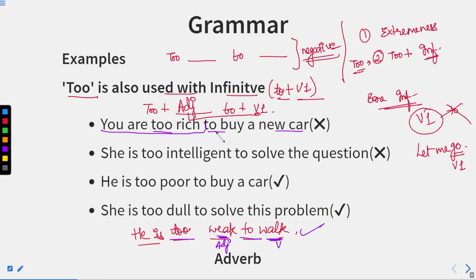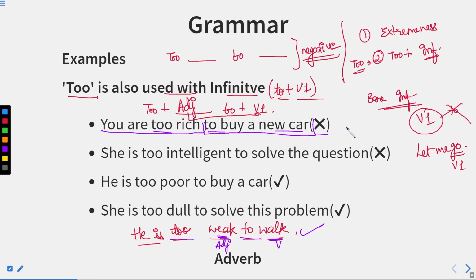And another sentence says, to buy a new car. Now, do you know what is the meaning of the sentence? It means you are so rich that you cannot buy a car. Now, does this make any sense? No, not at all. Therefore, the sentence will be incorrect.